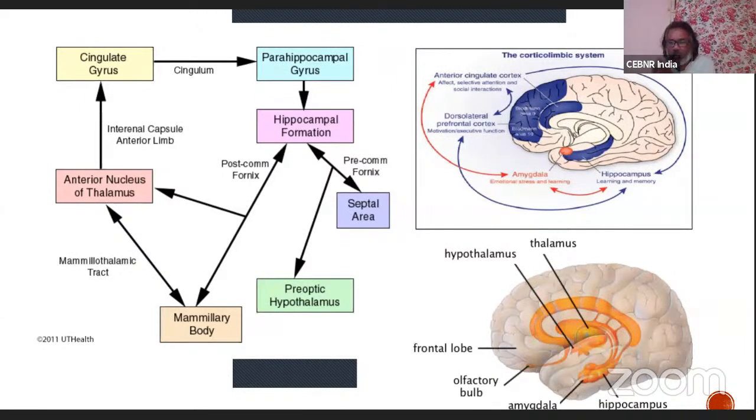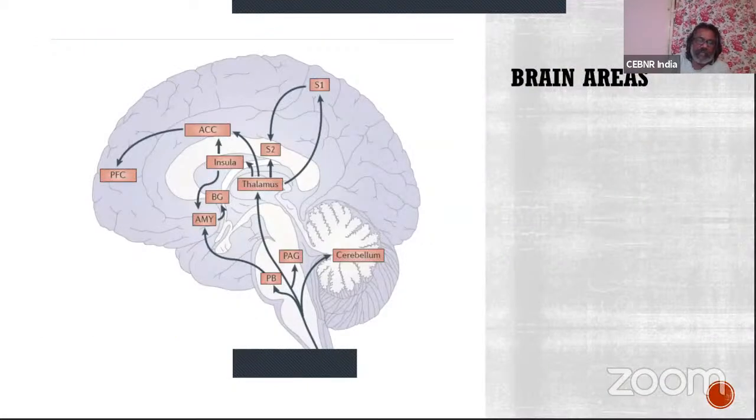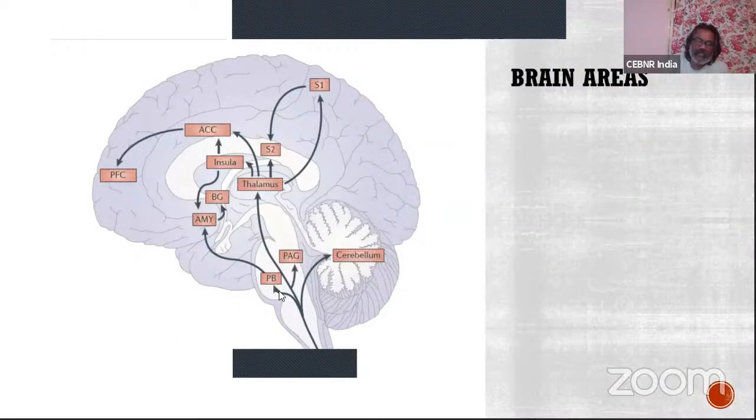So if I see a dog, the amygdala is the first to notice that this is a frightening thing, that it has come to attack me. So it can give you two responses: either a fright response or a flight response. How it does this is it goes and activates your PAG.